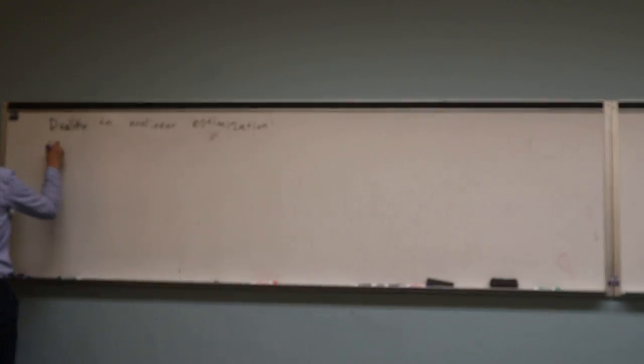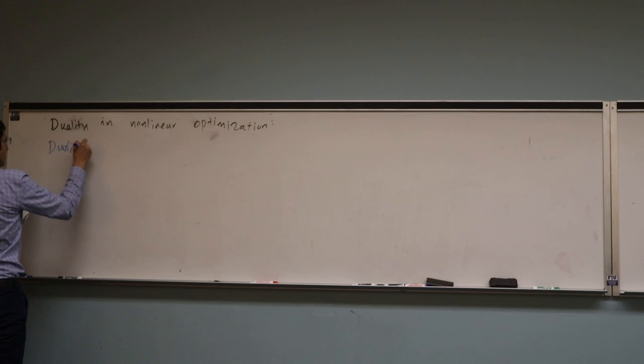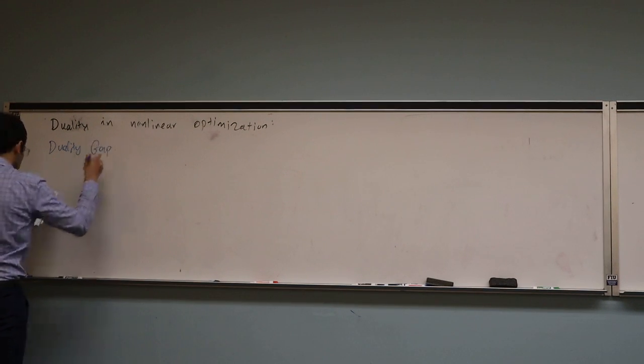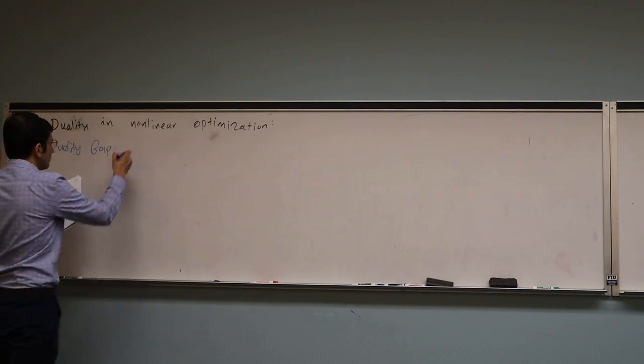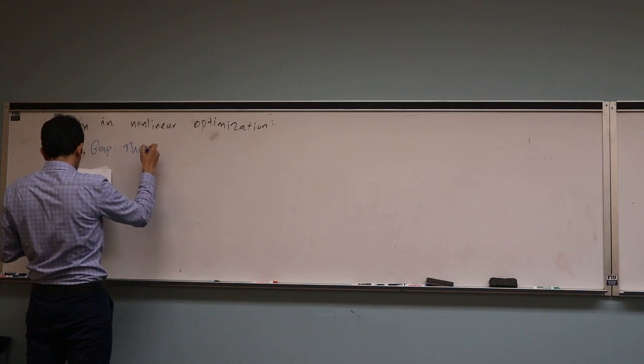Before going to the example, let's define the duality gap. Duality gap is the difference of your objective functions for primal and dual.